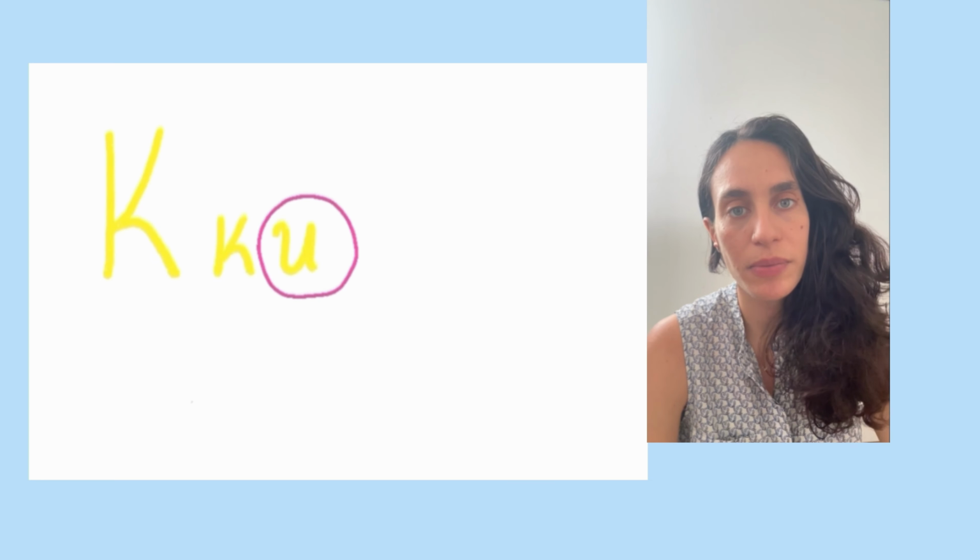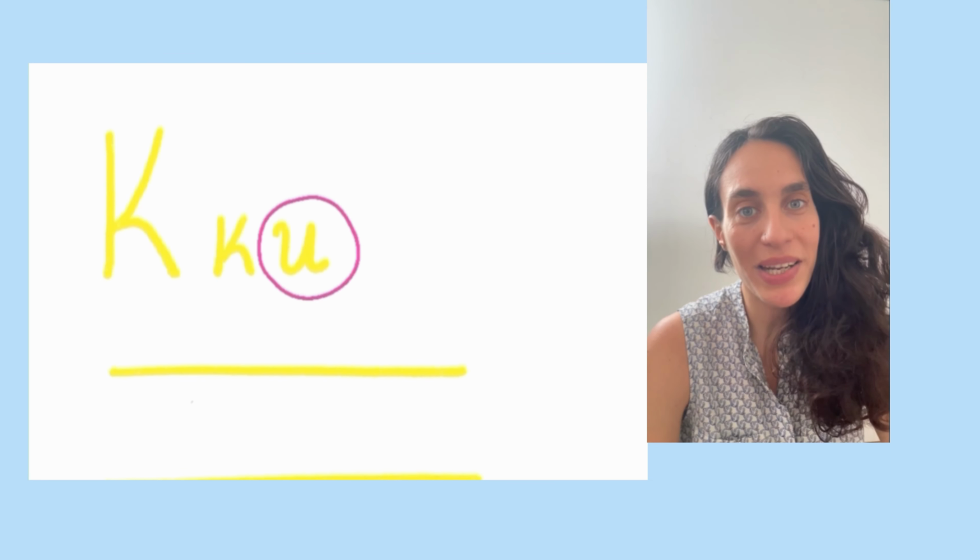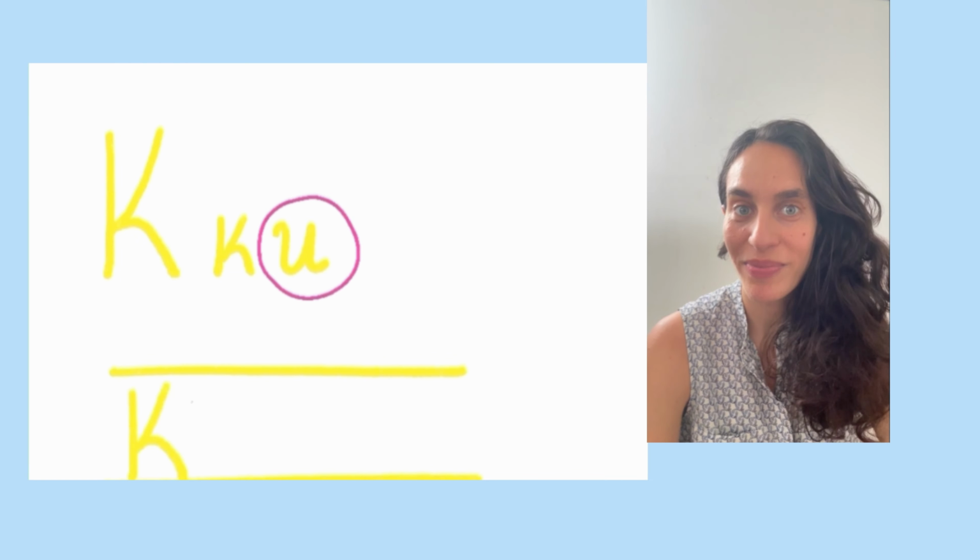Then we have the letter kappa, K. Kappa, the lowercase, you might write it like this, or you might write it like that. Keep an eye, this is not a U, this is a kappa.